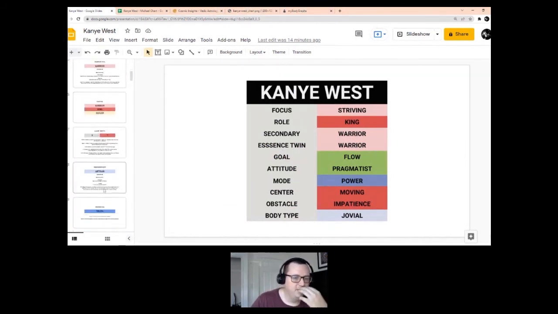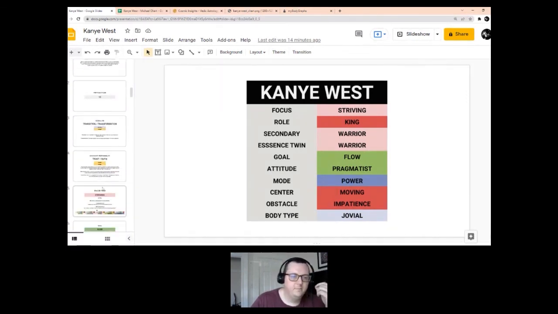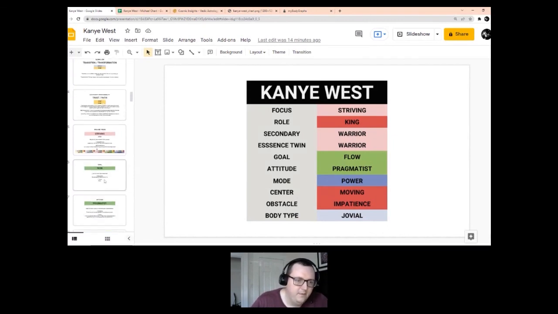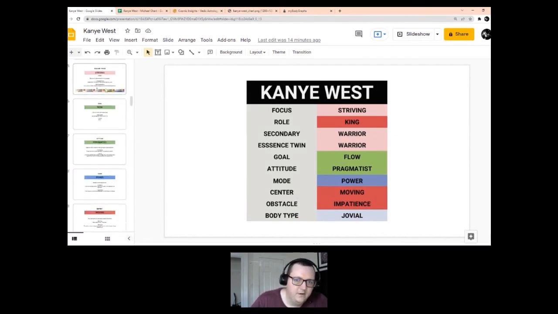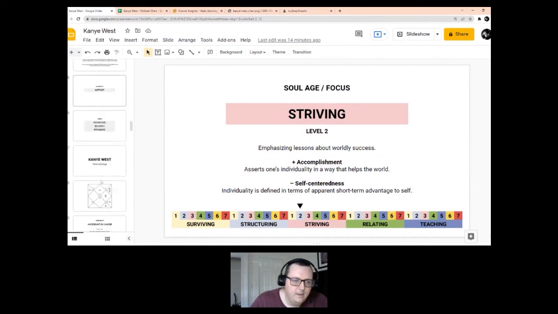He's got themes of leadership everywhere in his Vedic astrology. He's involved in creative projects in terms of music and fashion industry. You know, Venus significations. He's got significations of rulership and leadership. He's in the striving focus, so he's focused on the external world and achievement.